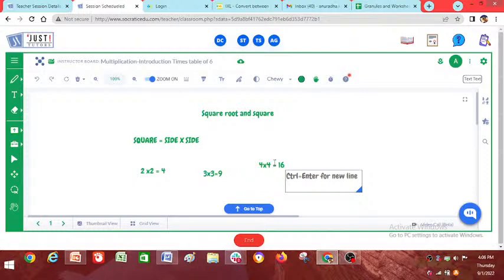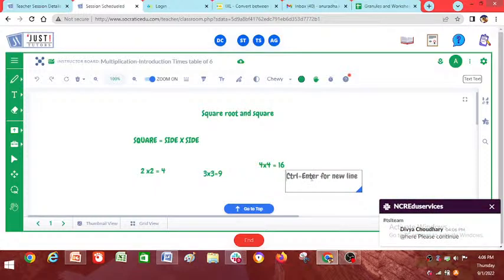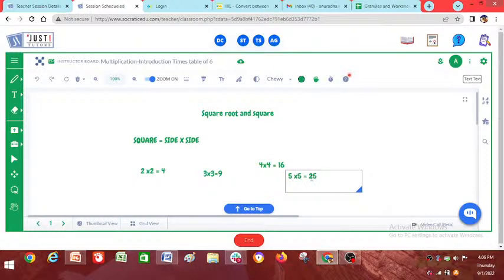And what is the square of 5? 5 square is written as 5 times 5. So 5 times 5 is equal to 25. So the square of 5 is 25.